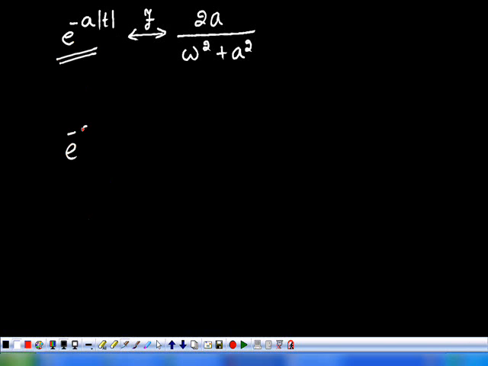What is the Fourier transform of e power minus at? It is 1 by a plus j omega. Now with this knowledge, see what is the inverse Fourier transform of this?